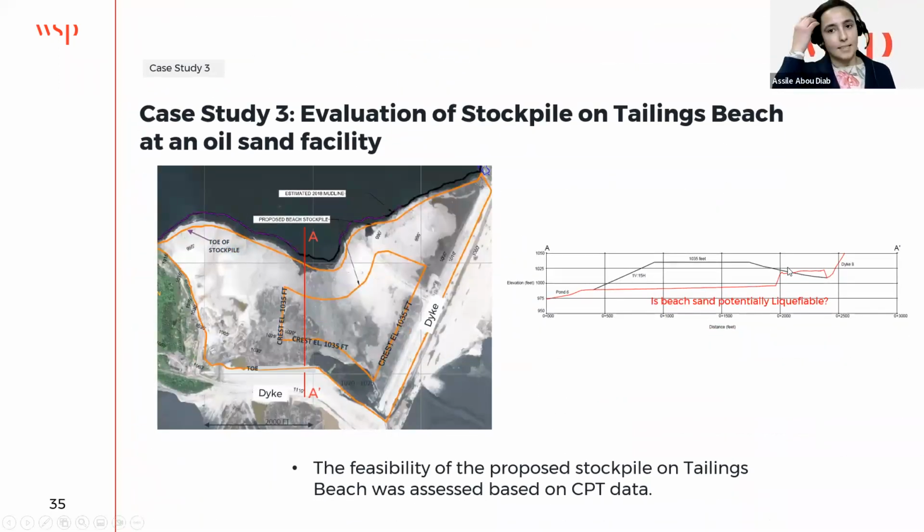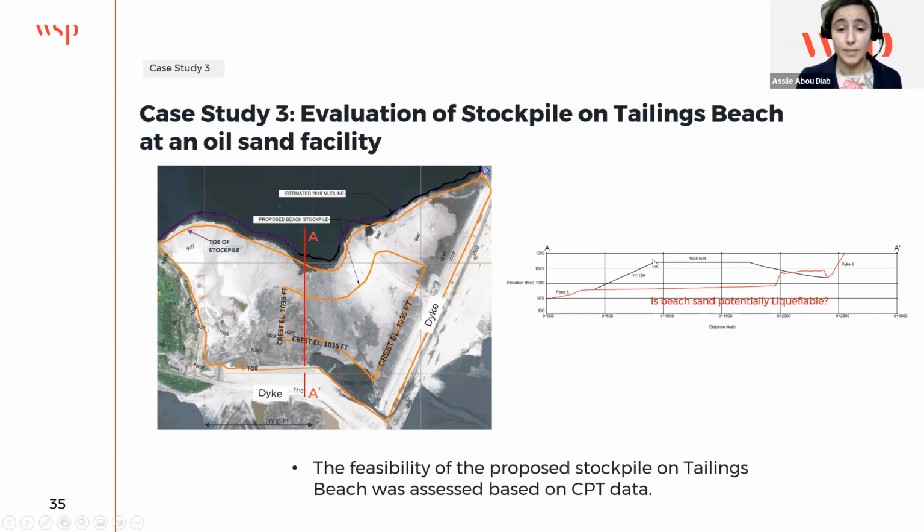My last case study here is about a stockpile on a tailings beach at an oil sands facility. This is a beach next to a tailings pond as well, and a stockpile was proposed to be placed on the beach. This is the configuration of the stockpile, and it is proposed to be constructed on the tailings beach, and the beach sand here is not compacted.